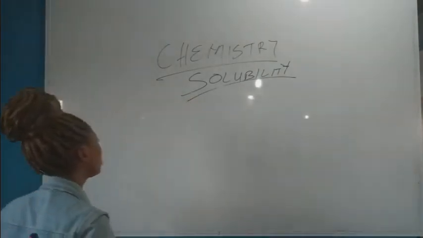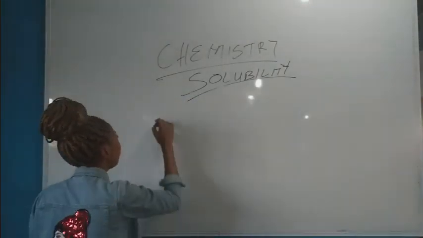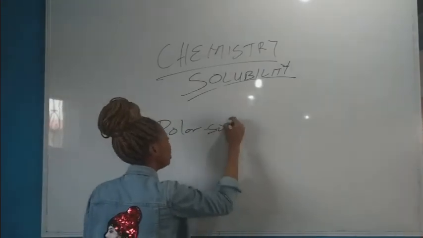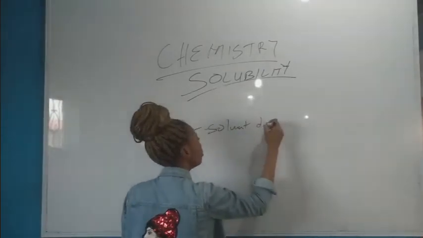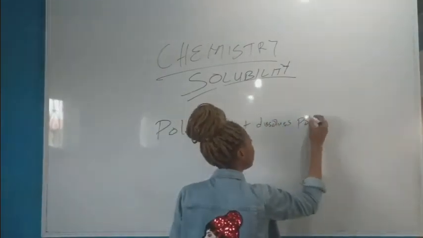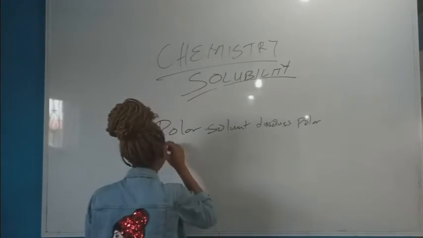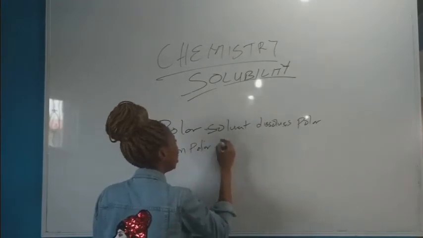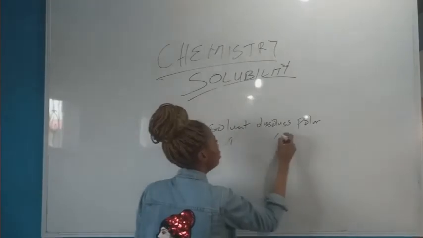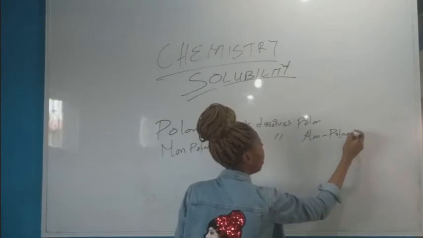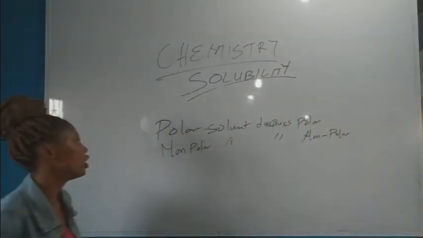So now there is this law in solubility that says polar dissolves polar, polar solvent dissolves polar, while non-polar solvent dissolves non-polar substances. This is just the law in solubility.